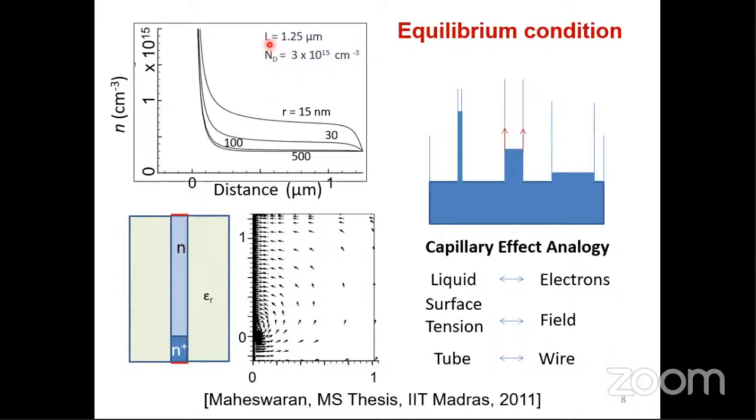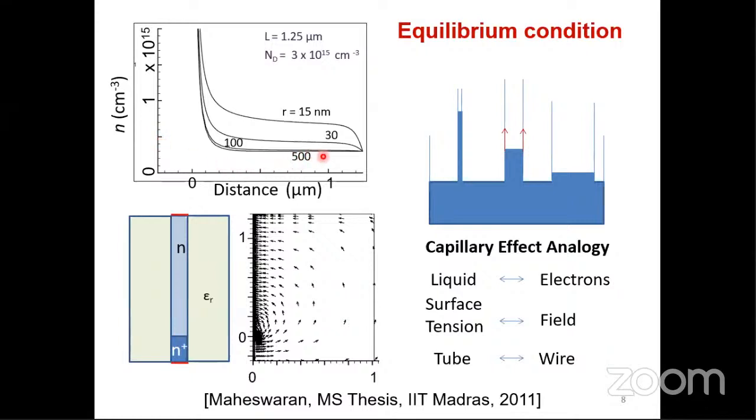Here it is given the length of the wire is 1.25 micron and doping of the wire is 3 into 10 power 15. But what is the carrier concentration in the wire? If no carriers were coming from outside, the carrier concentration would have been how much? If doping is 3 into 10 power 15, electron concentration also will be 3 into 10 power 15. It would have been the same. So you can see here, what is the picture?